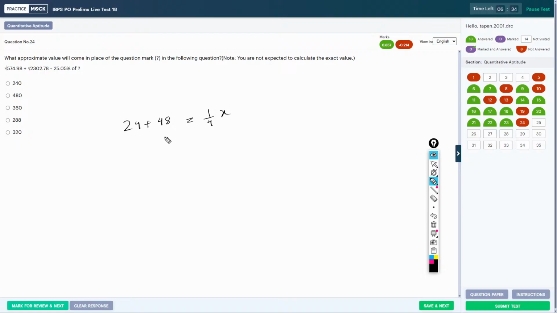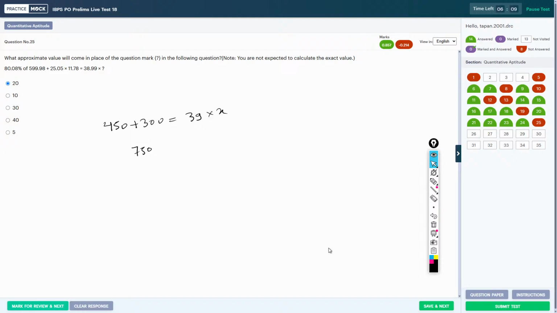So it's going to be 7 into 4, 280, 290 approx, or 288 to be precise. So 4/5 of 600, it's 450 plus 25 into 12 is 300 is equal to 39 into x, so 750, but it's close to 20 but less than 20.